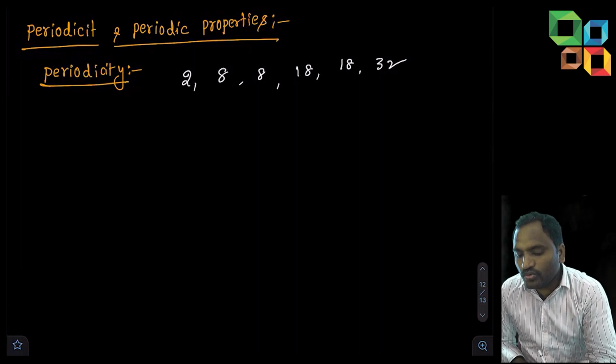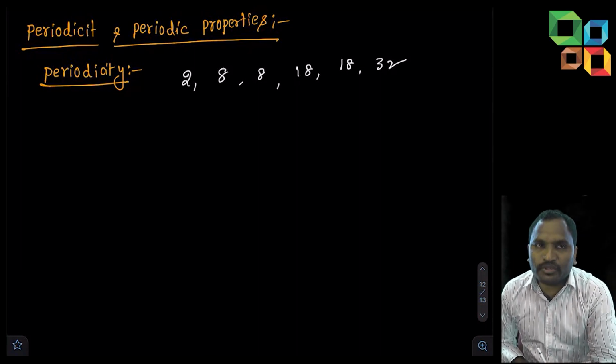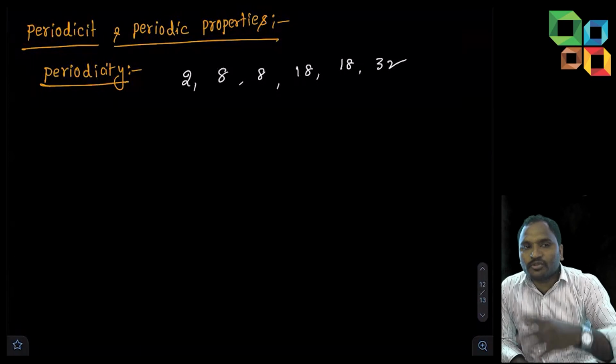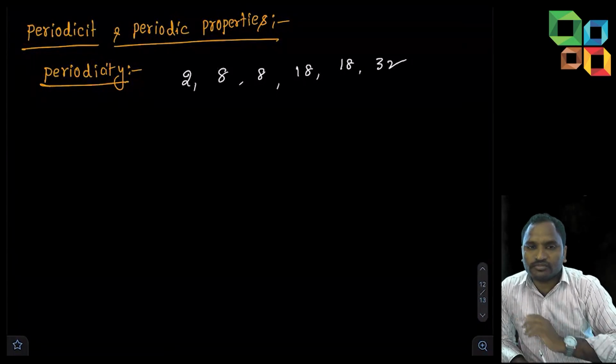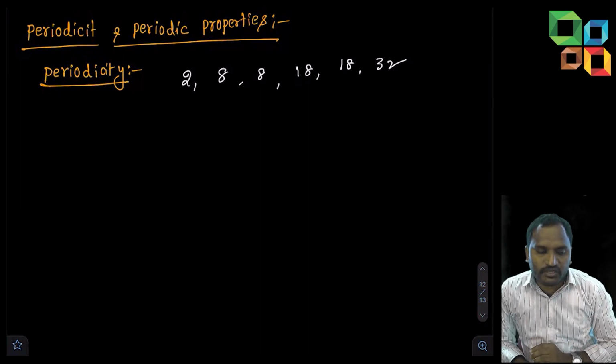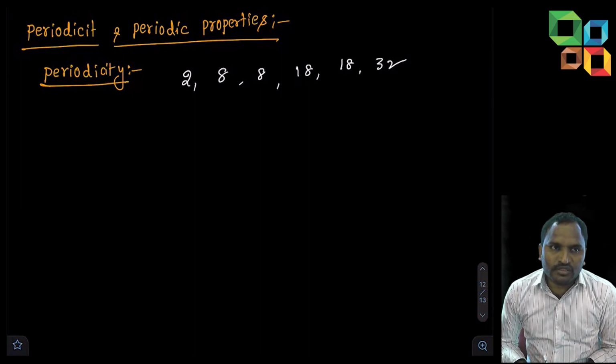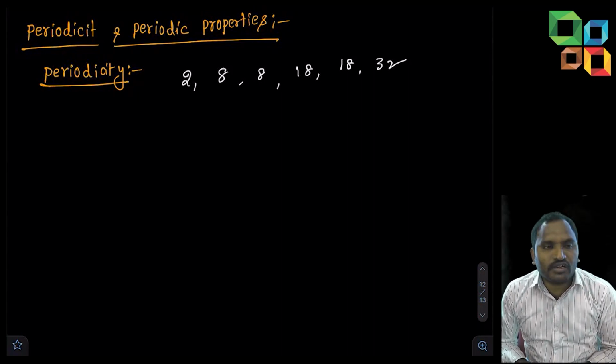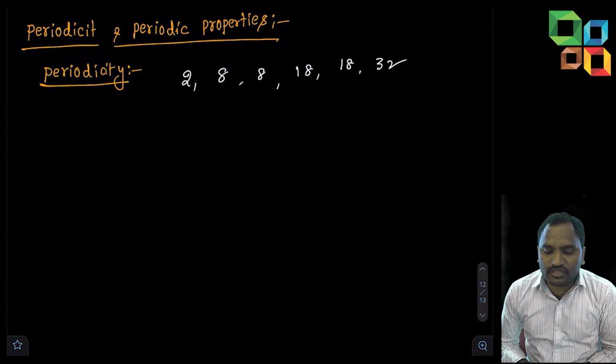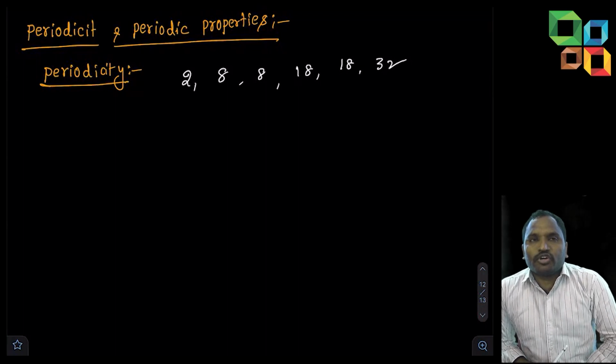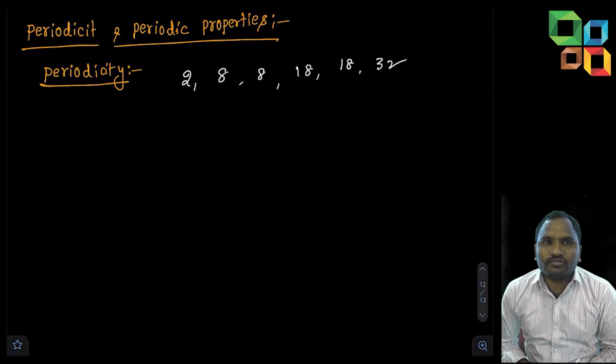That is called periodicity. So those intervals are 2, 8, 8, 18, 18, 32. After these regular intervals, properties of elements repeat. The cause of periodicity is that elements get the same valence electronic configuration. Now, periodic properties change from group to group and period to period.